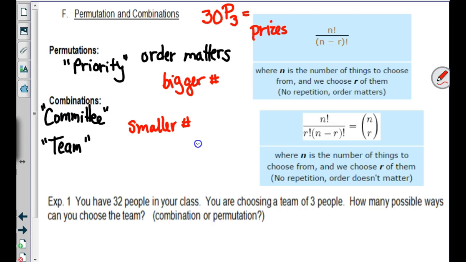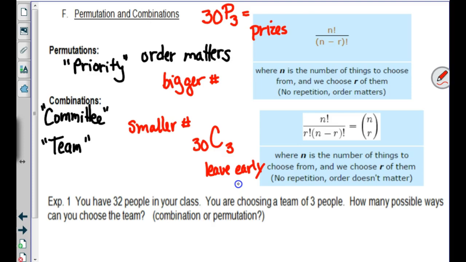Okay. If we wanted 30 students, and I'm going to give the same thing to 3 people, I'm going to let 3 people leave early, we'll say. Doesn't matter what order you were picked in, but you get to leave early.